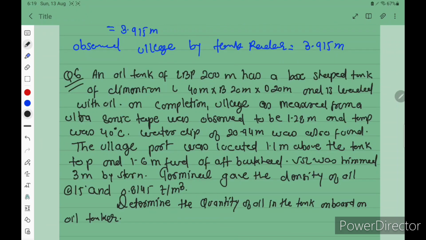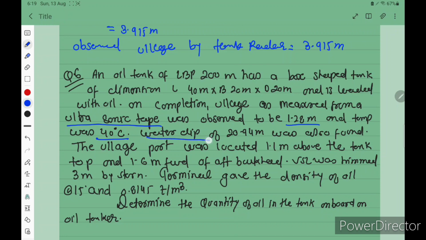An oil tanker of length between perpendiculars 200 meters has a box shaped tank of dimensions length 40 meters, breadth 20 meters and depth 20 meters, and is loaded with oil. On completion, the ullage as measured from the ultrasonic tape, that means the UTI formula, was observed to be 1.28 and the temperature was 40 degrees centigrade.